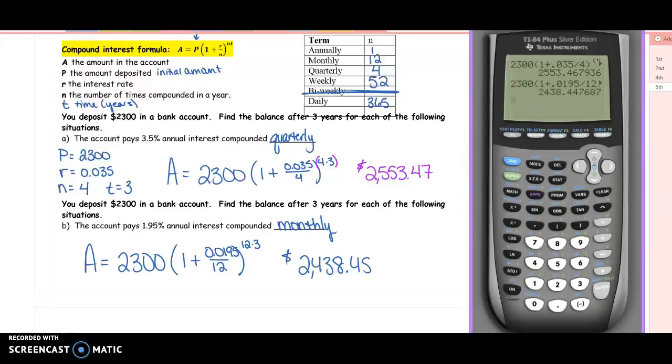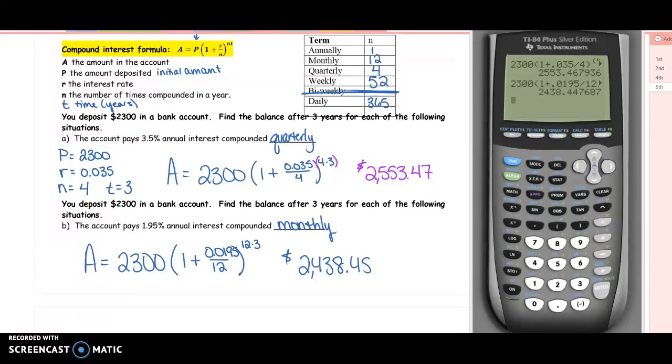Okay, if you set it up and entered it in your calculator correctly, you should get $2,438.45. We compounded monthly, which in the long run will give you more money in interest, but it's a much smaller interest rate, so you aren't earning as much money. So over the period of 3 years, it looks like you earned a little over $130, $138.